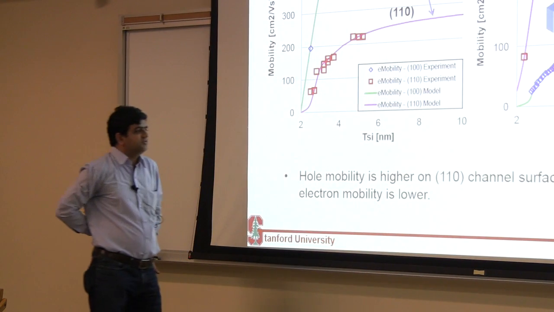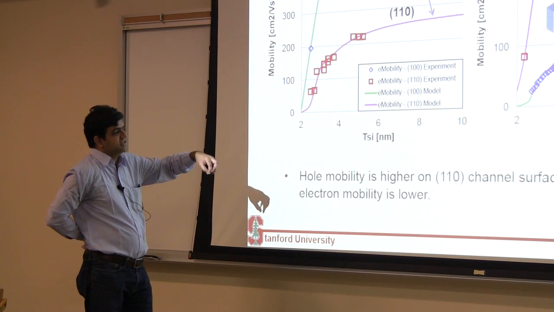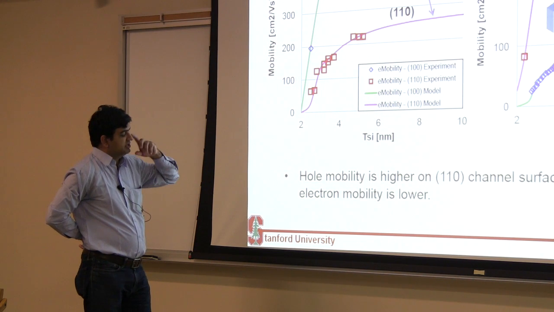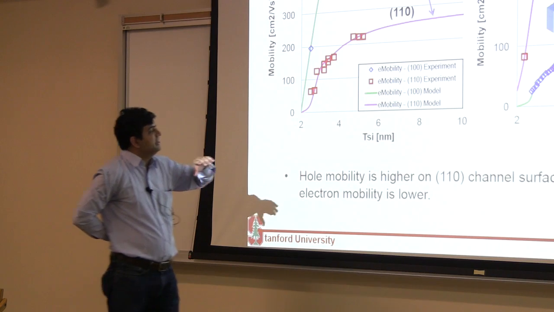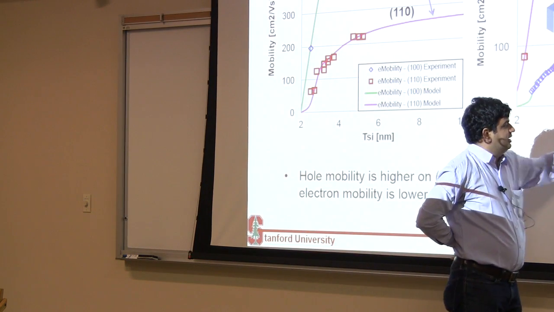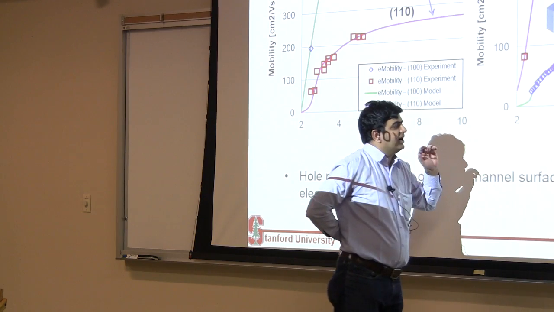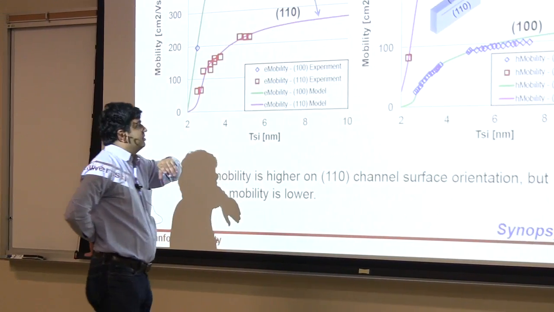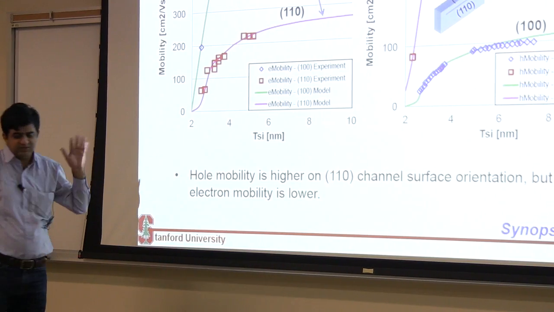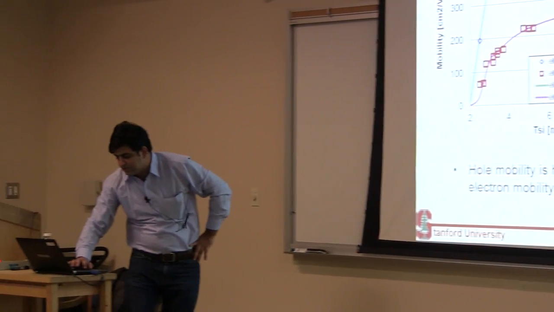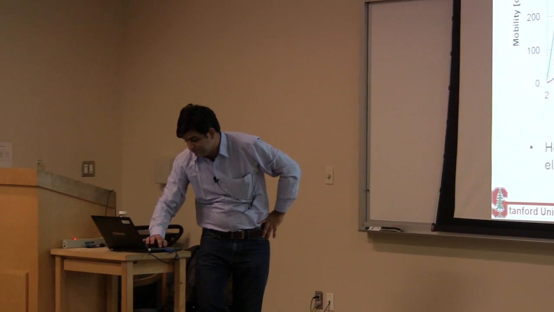If I scale the width, essentially if I make my fins taller and thinner, the interface volume just keeps on increasing, and as I make it thinner and thinner, I get even more scattering from the interface, and I get an even sharper drop in my mobility. So the interface is becoming key. The same story repeats when you go to alternate channel materials.